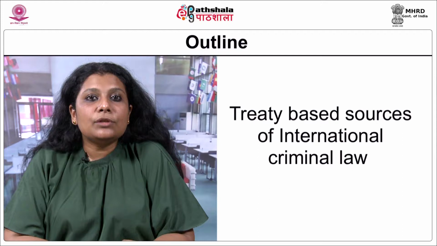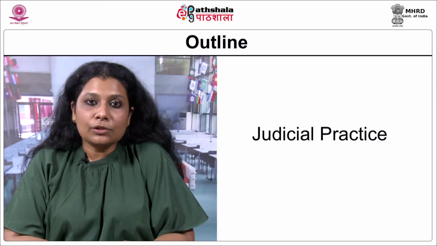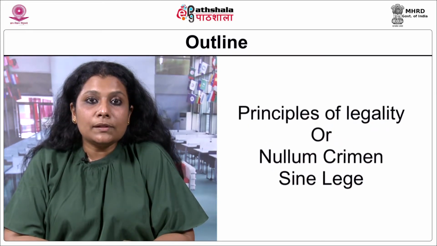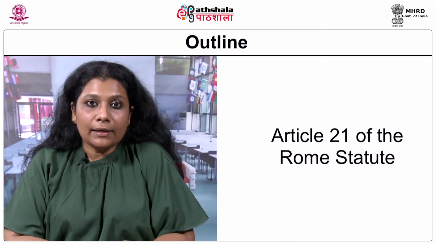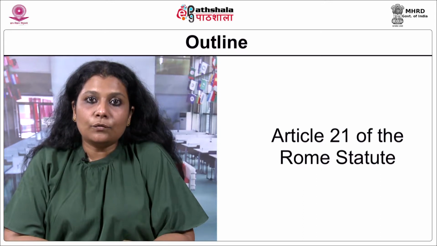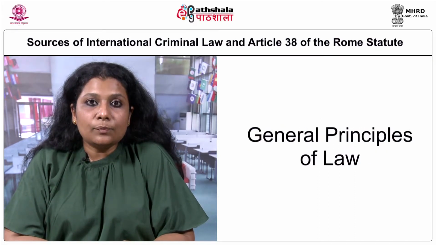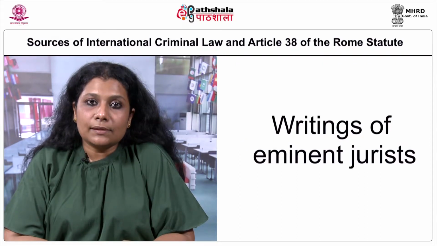It talks about treaty-based sources of international criminal law, customary law, judicial practice, the general principles of international criminal law, the principle of legality, or nullum crimen sine lege, and finally, Article 21 of the Rome Statute. There are 5 sources of international criminal law, which are formally enumerated in Article 38(1)(a). These are treaties, customary international law, general principles of law, judicial decisions, and writings of eminent jurists.